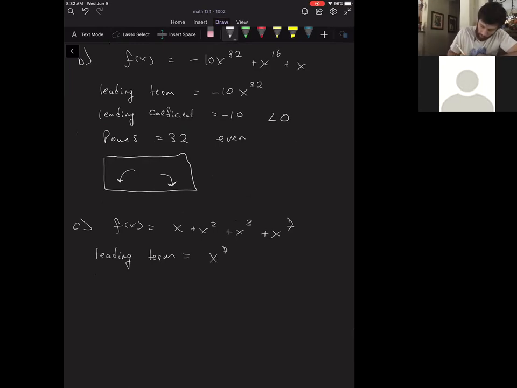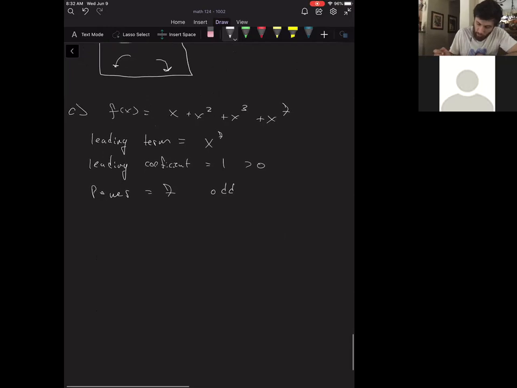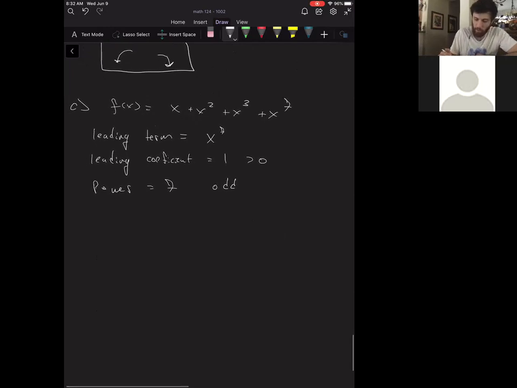So our leading coefficient, the number in front of it, is just 1, which is positive, and our power is 7, which is odd. So if you go back up to the above table, the case with a positive leading coefficient and an odd power goes down on the left and then up on the right.